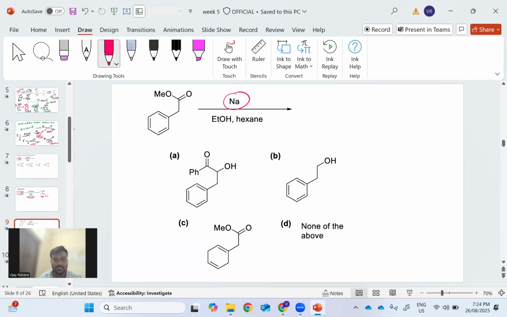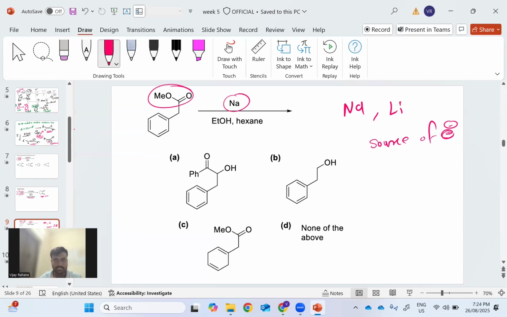That's what you need to solve here. Basically, sodium or lithium are generally a source of electrons. So the electron might transfer to the ester. So this ester takes an electron.